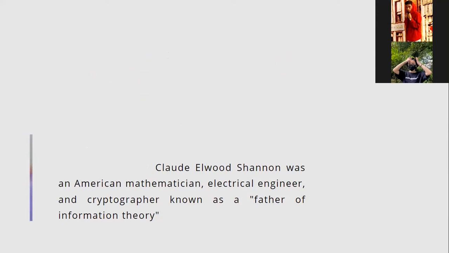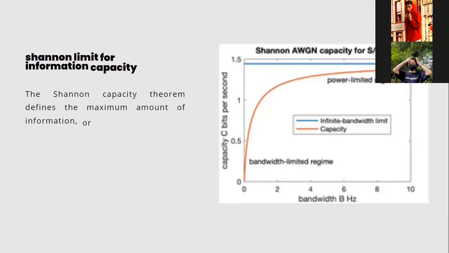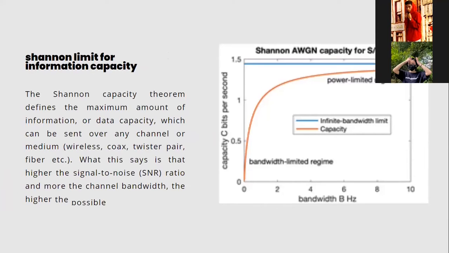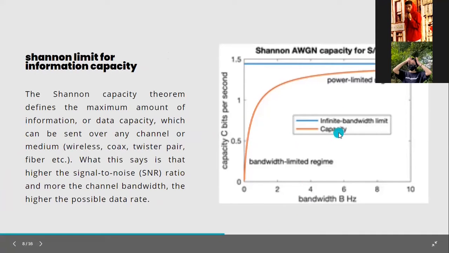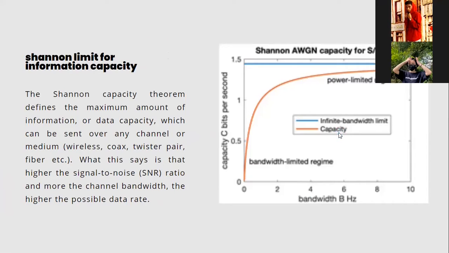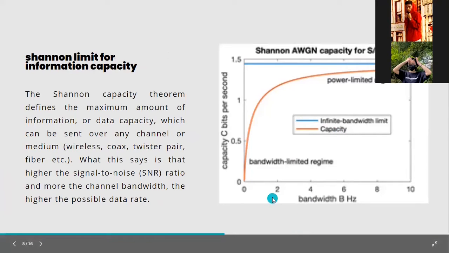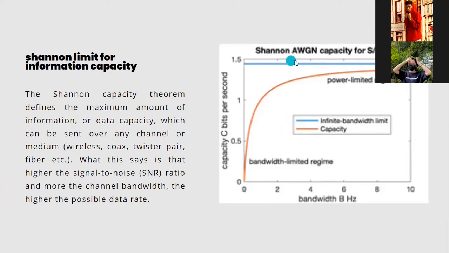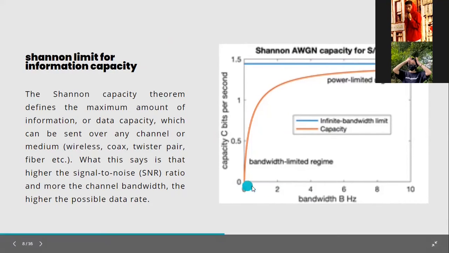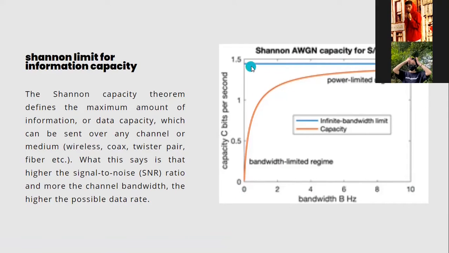To understand more deeply, let's discuss the Shannon limit for information capacity. Here we can see a figure which has a line graph of Shannon capacity. In the x-axis is the bandwidth in hertz, and in the y-axis is capacity C in bits per second.